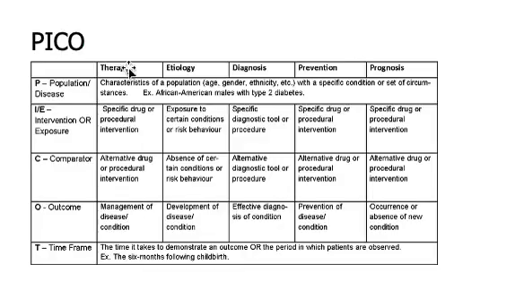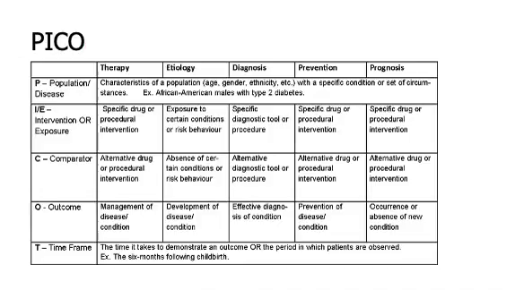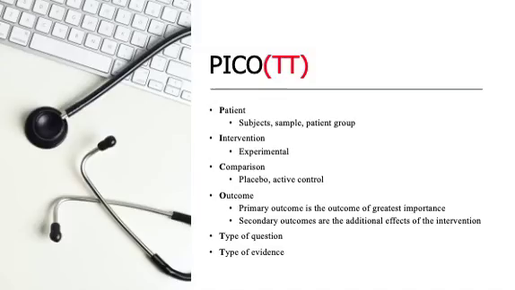One of them would be therapy, the other is etiology, and then of course diagnosis, prevention, and prognosis. Now that is beyond the scope of this video, so I'm not going to explain those different types of questioning, but bear in mind when you're doing a PICO question, you take into consideration the type of question that you are creating. And then finally, it's the type of evidence.